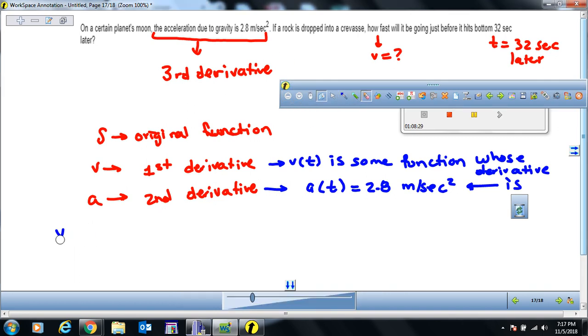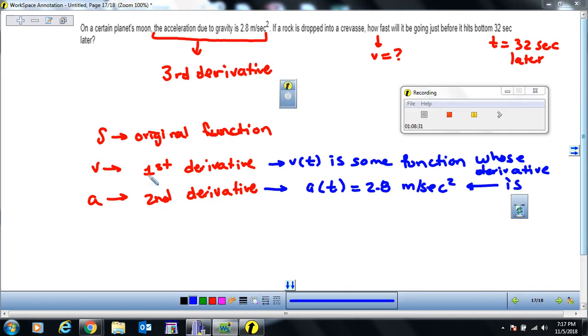Again, we're trying to think backwards. So v of t probably looks like, if this is 2.8, the derivative of v of t had to be 2.8t. This one had to be this.